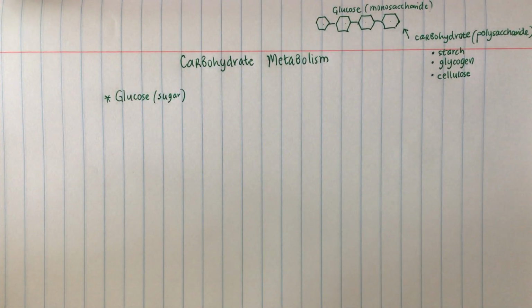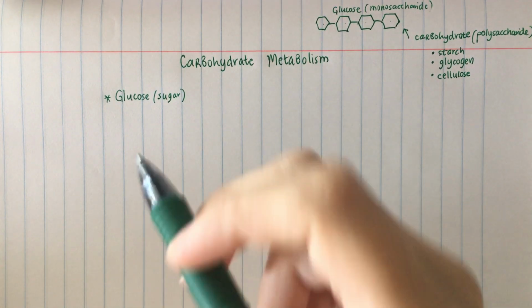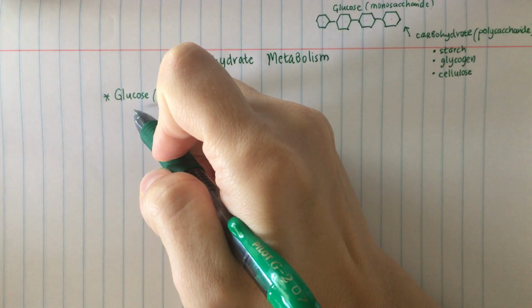Some body cells, for example, brain cells and neurons, can exclusively use glucose for their energy, and they cannot use anything else besides glucose to produce energy. So glucose is the body's preferred source for synthesizing the ATP molecule, the molecule of the energy currency.